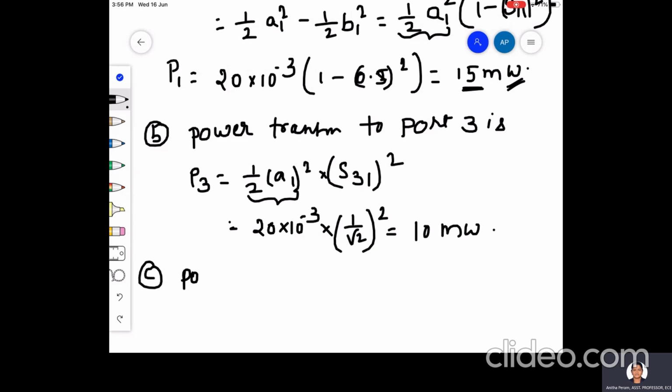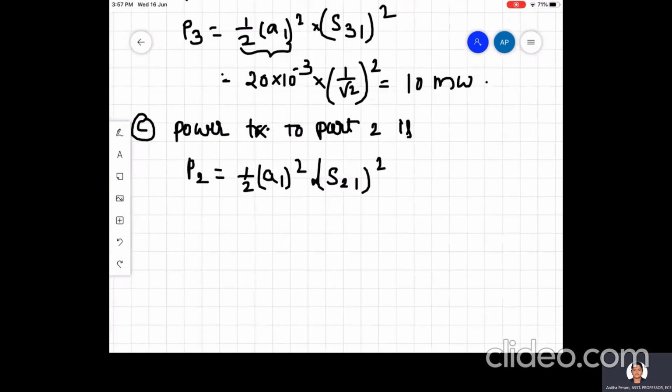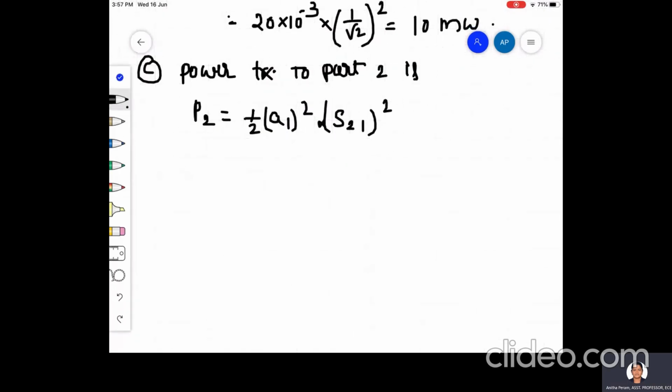Similarly, the power transmitted to port 2 is the incident power A1 square multiplied with the corresponding coefficient square, S21 square or S12 square.